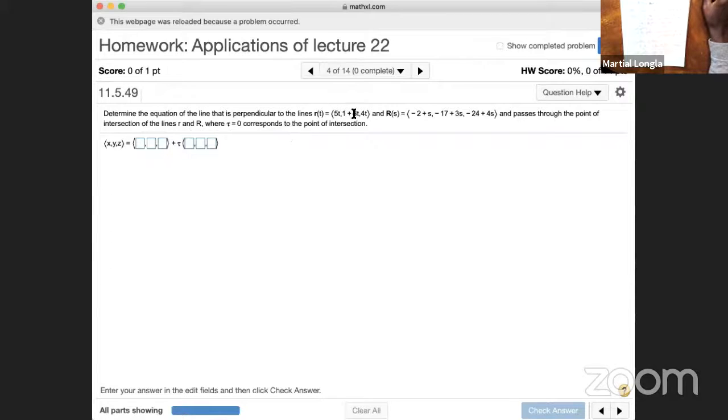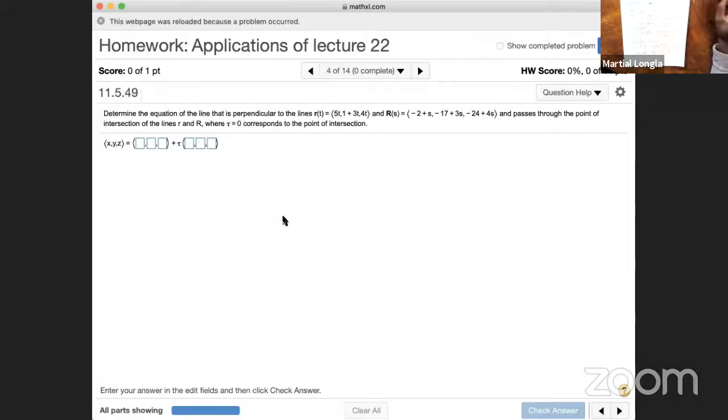So you have two equations. This is one line, little r of t, capital R of s is another line, and you need to find the equation of another line that is orthogonal to the two lines. Orthogonal also means perpendicular, and that goes through the point of intersection of the two lines. In this problem, you have three main things. The first one is how to find the intersection of two lines.